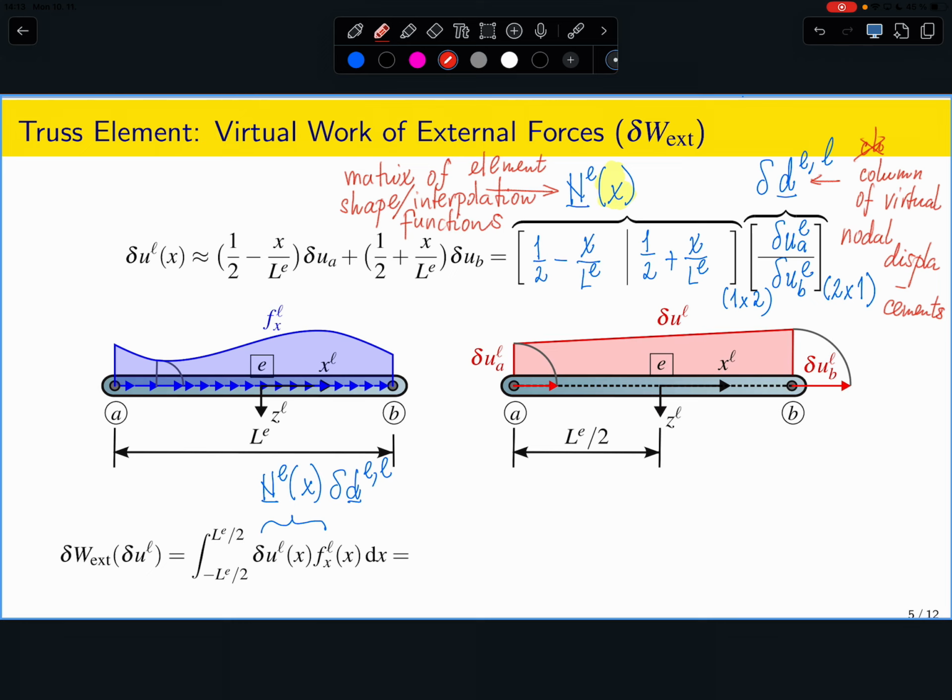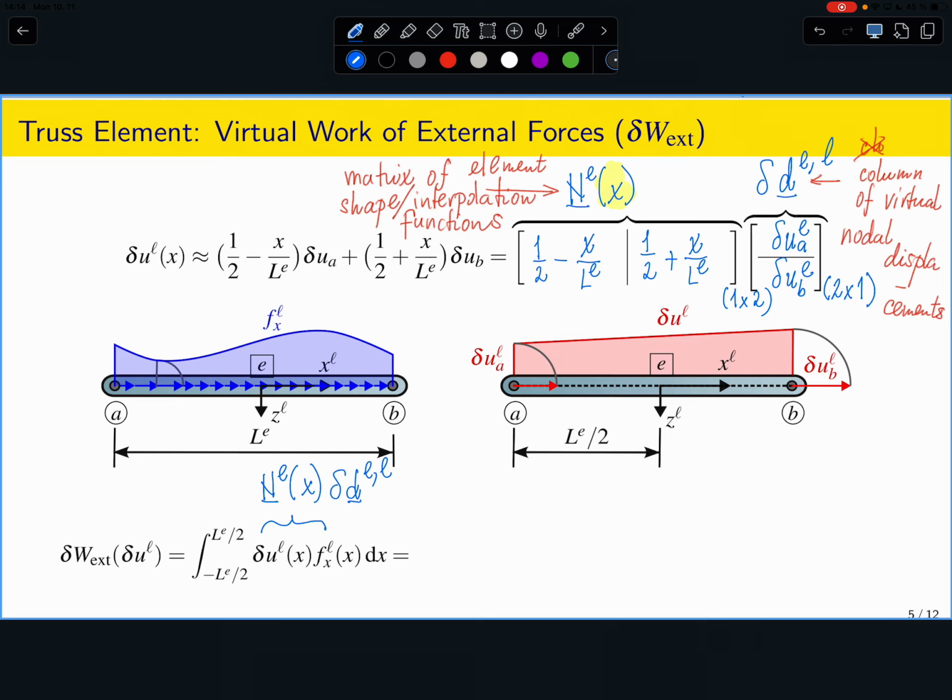The same object as we used before. The only thing that changes here is that this is preceded by this delta, which tells me that it is not a true displacement, it is the mind game I'm playing. I have my structure, I'm assuming that I'm deforming it in that indicated way. So now what I have is the following.